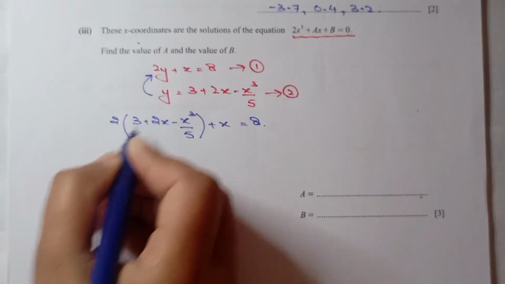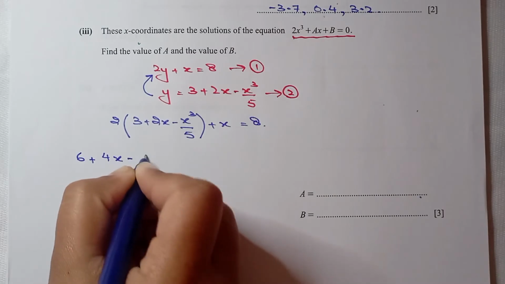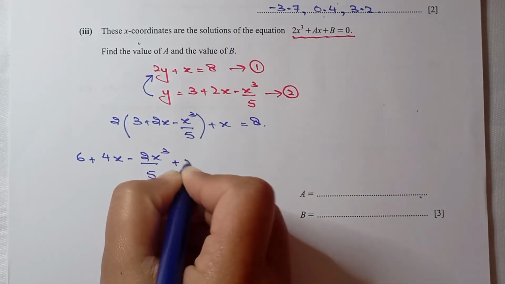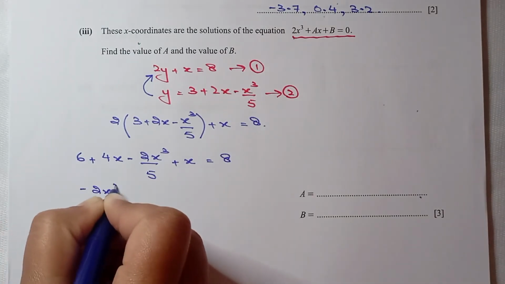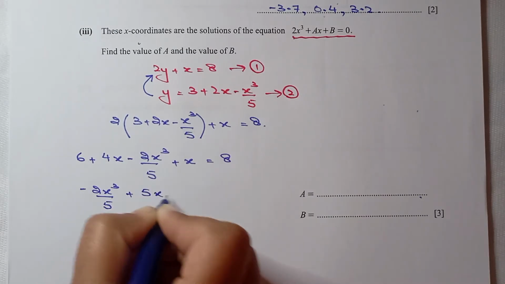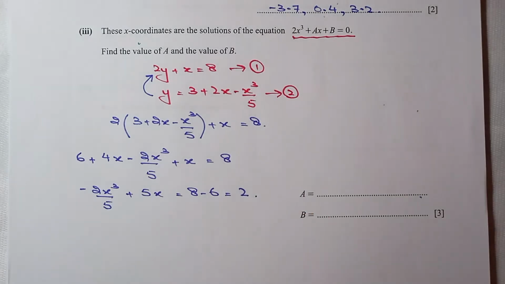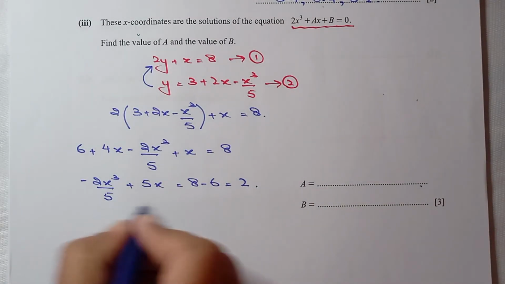Okay, so 2 times 3 is 6, plus 4x minus 2x cubed over 5, plus x equals 8. So minus 2x cubed over 5 plus 5x equals 8 minus 6, which equals 2, right? Now we can take 5 as the LCM.